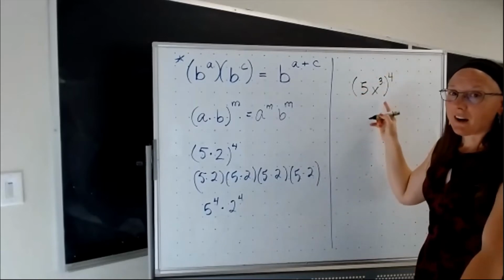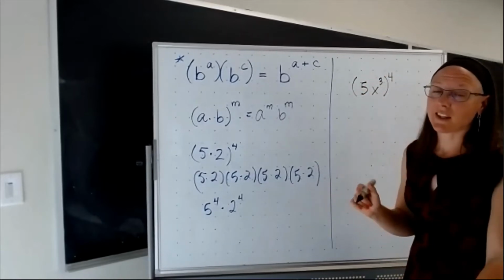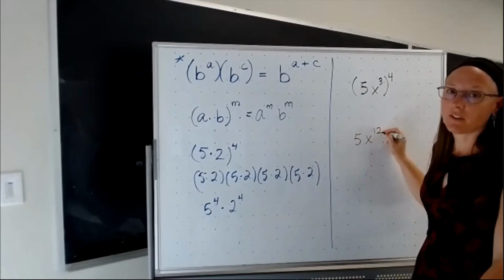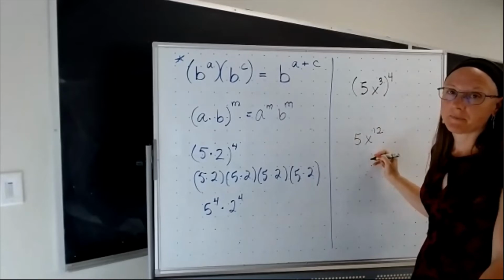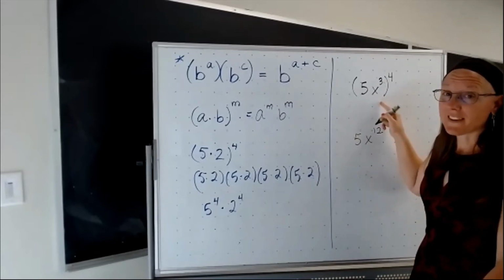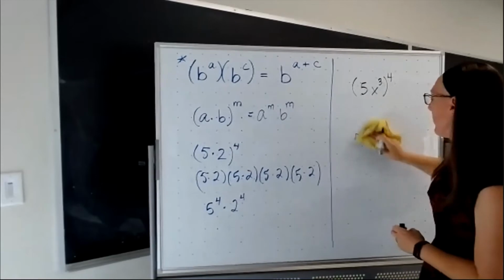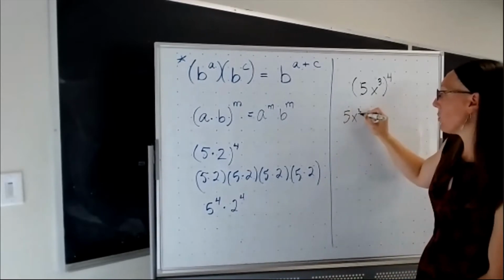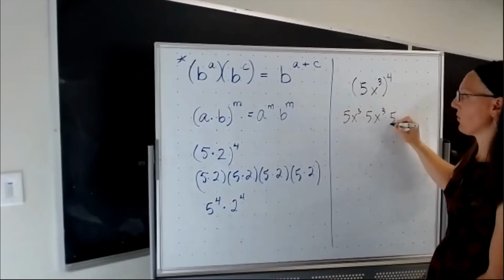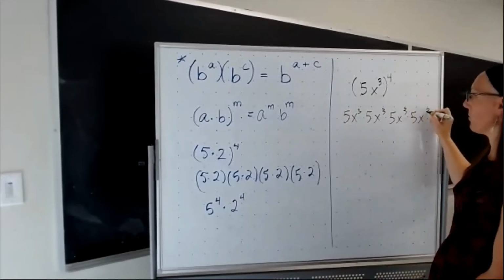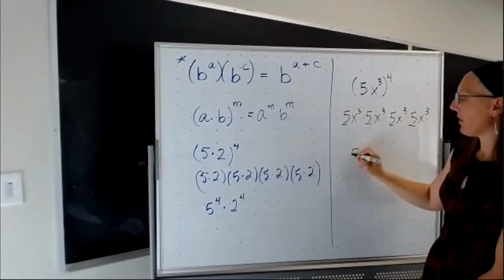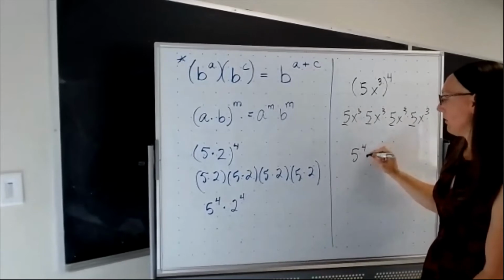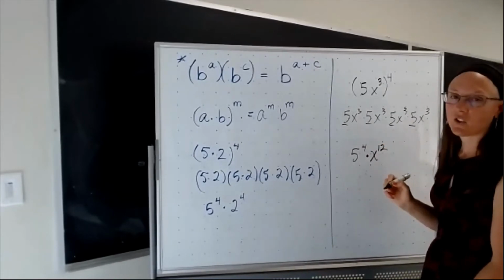The number one mistake that I'm going to see is 5x to the 12th. But what this means notation-wise, if I were to write this in expanded form, is 5x cubed times 5x cubed times 5x cubed times 5x cubed, meaning I've got 5 to the 4th in addition to that x to the 12th.